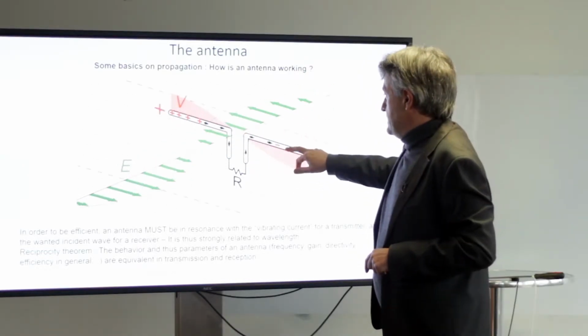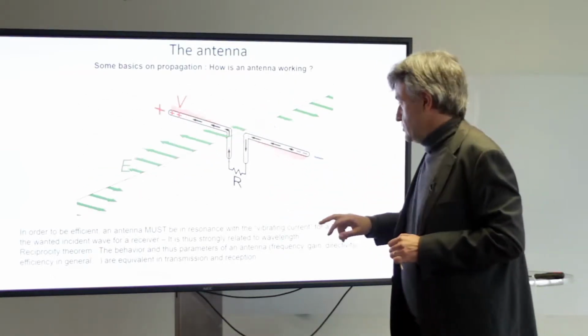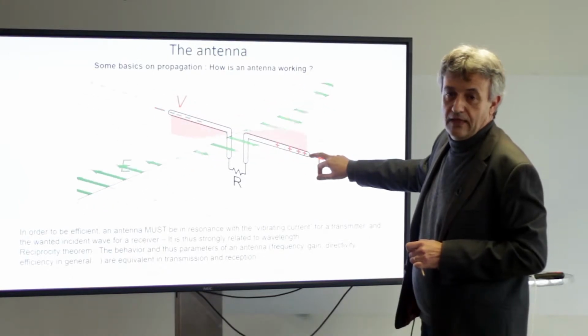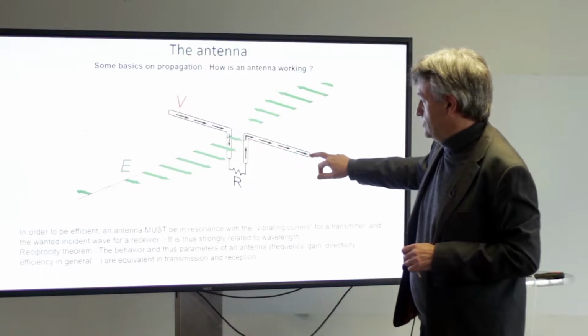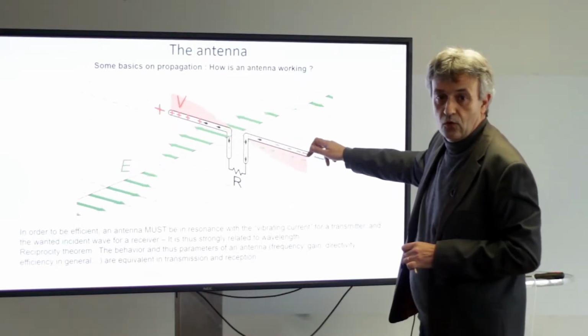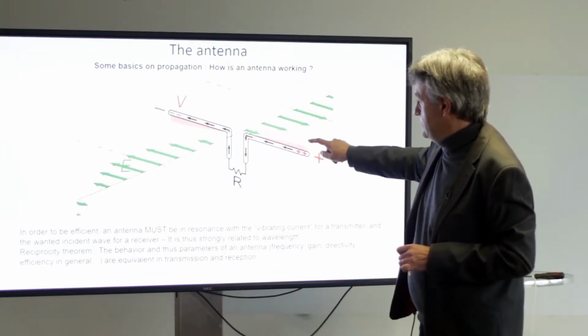This part is radiating with very simple assumptions, which are that here you cannot have any current. You don't have any material to conduct electrons, to conduct the charge. So here the current is always null. But the voltage can be at the maximum.